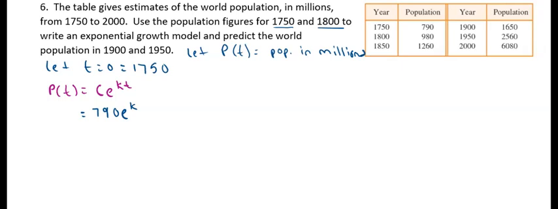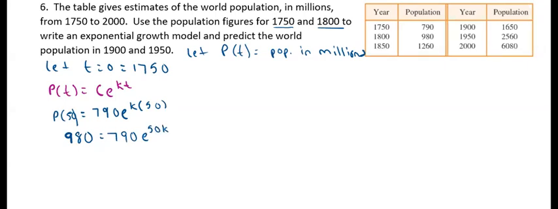So that means that our time would be 50 years. So P of 50, for 1800, is going to be 980. So that means we'll have 980 equals 790 e to the 50k.